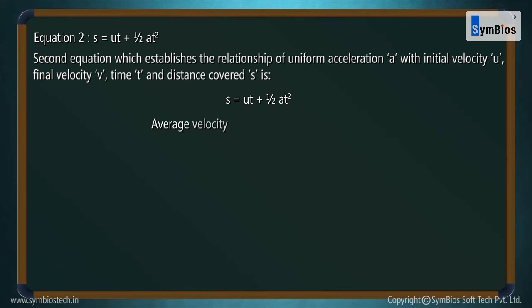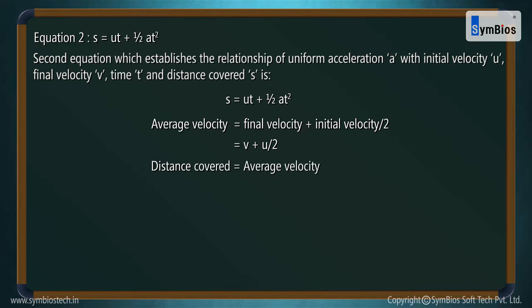We have average velocity is equal to final velocity plus initial velocity by 2, is equal to v plus u by 2.